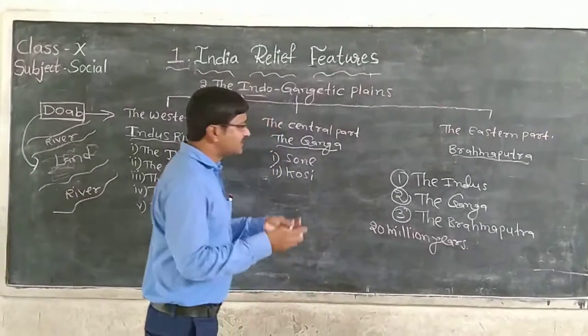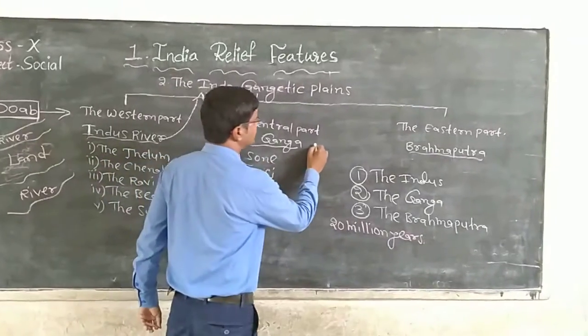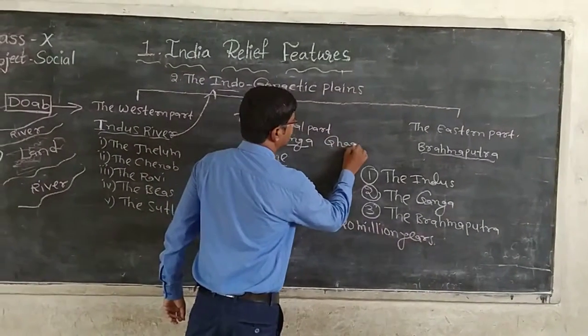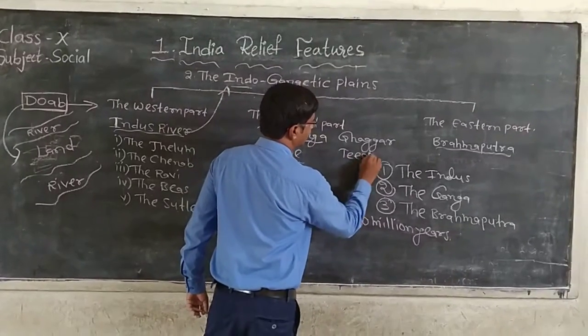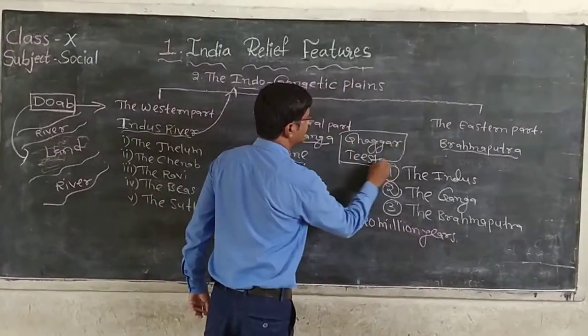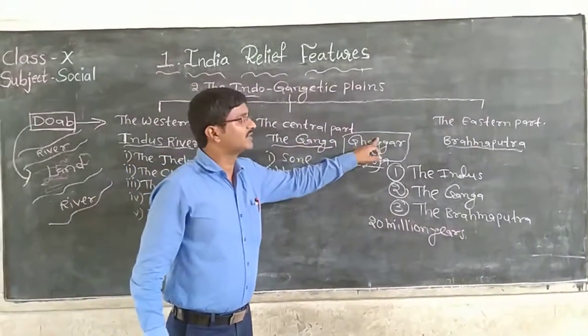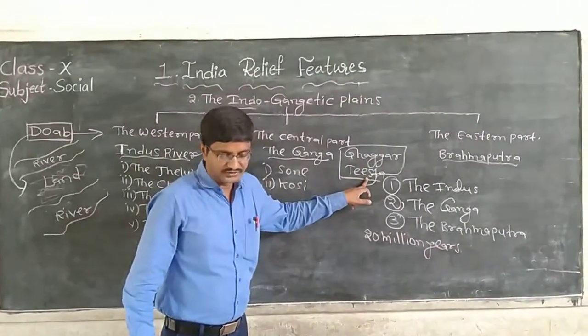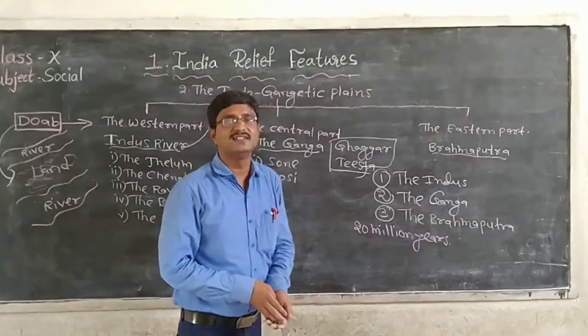So from which region to which region does it extend? This region extends from the River Ghaghara to the River Teesta. These 2 are the rivers. Right?